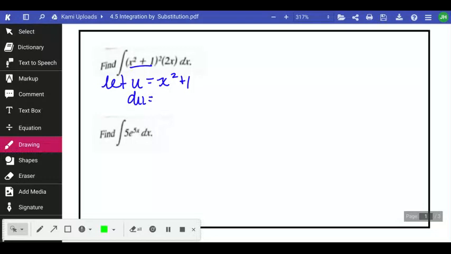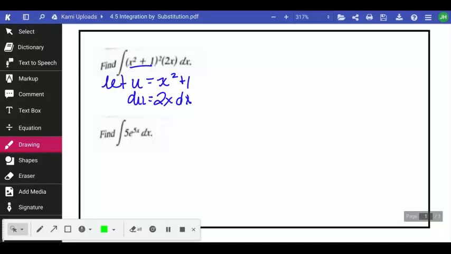You do not look at the integral for this. If it matches, great. If it doesn't, you make it match, but you have to do it on its own. So I'm looking at just u equals x squared plus 1. I'm doing its differential. So the derivative of x squared is just 2x, and you're doing a differential, so dx. Okay. So this is what we did before Christmas break.